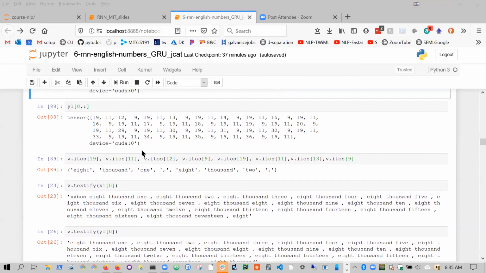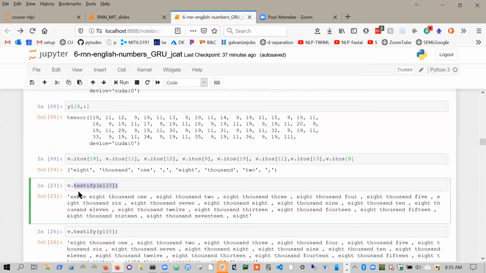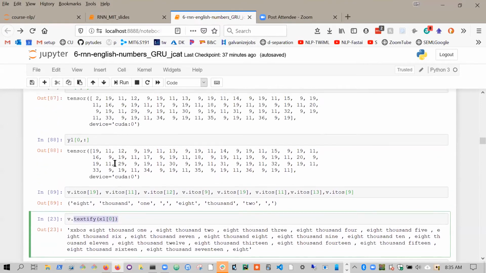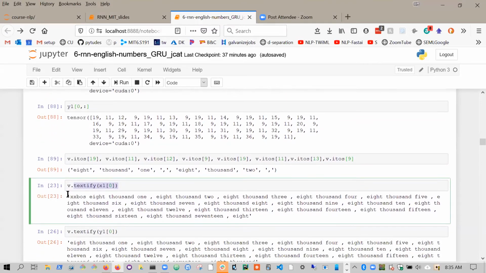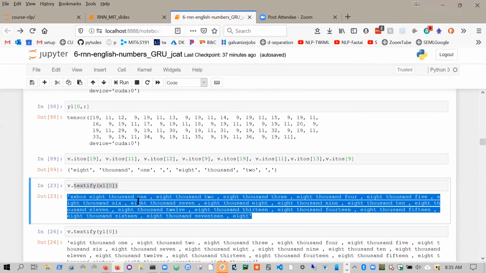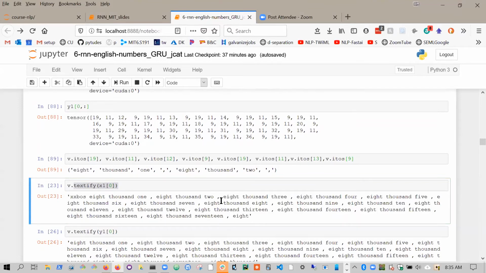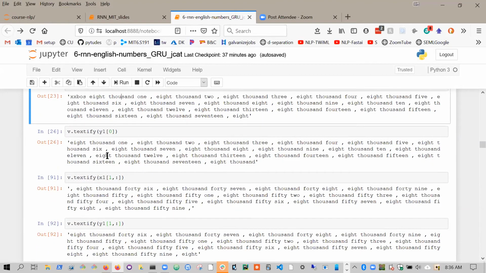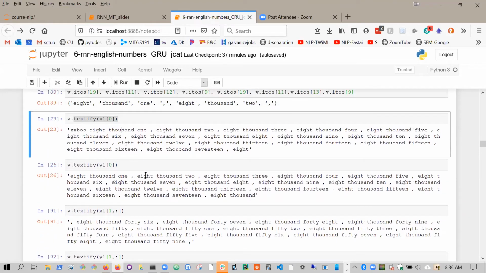All right. And then there's this function that's provided in FastAI, which is called Textify, and we can do the same thing. We can take the first batch and convert it to its text version, and you can see it's counting from 8001 through 8017 and so on. Okay.